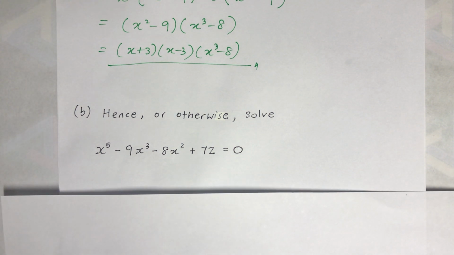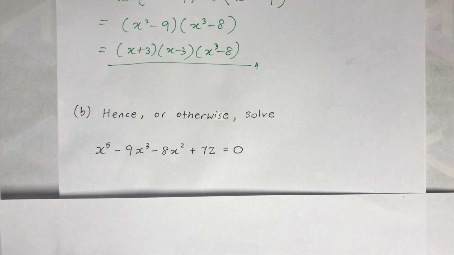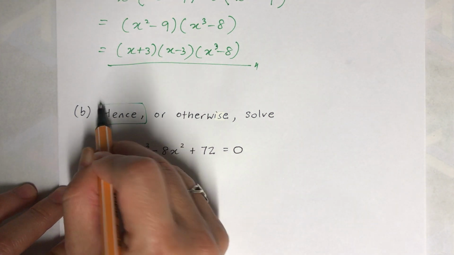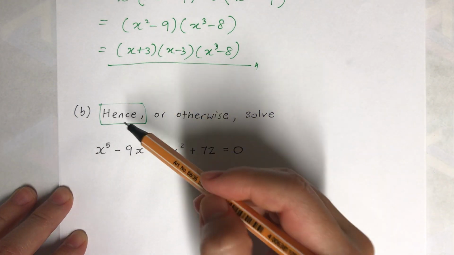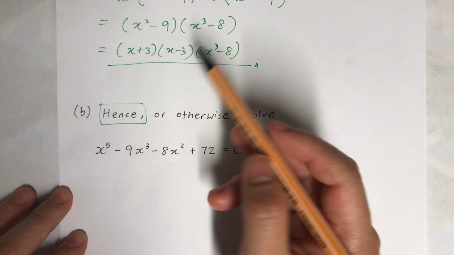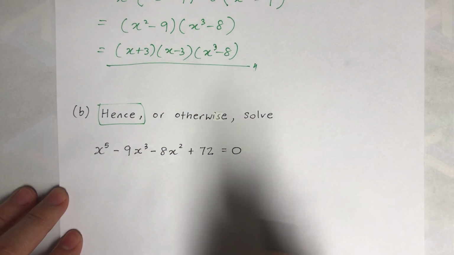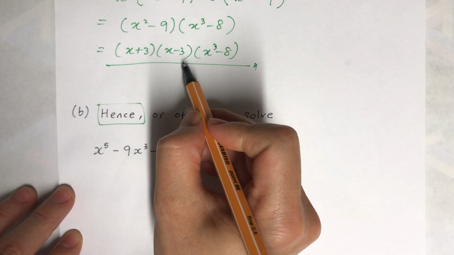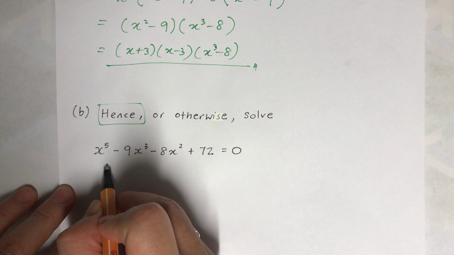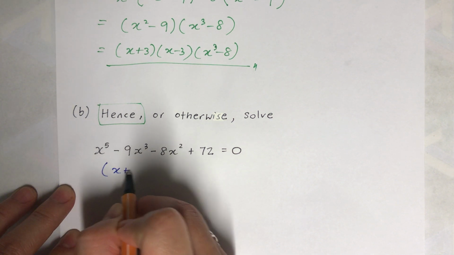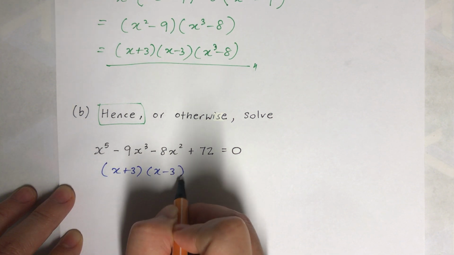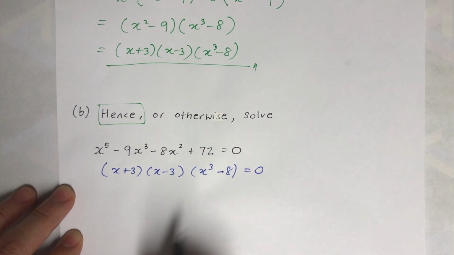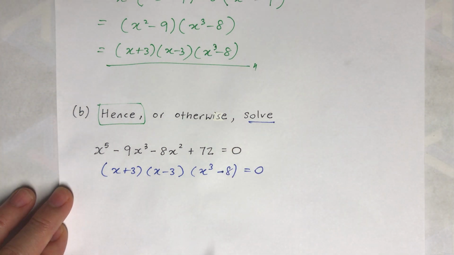Part B. Hence or otherwise solve this. Now, when it says hence, guys, always think of it as about 99% that you'll have to refer to what you've done in the previous part, so that I can change this one into the one that we got. That's exactly the same as the previous one. So solve it. So that means solve for x values.